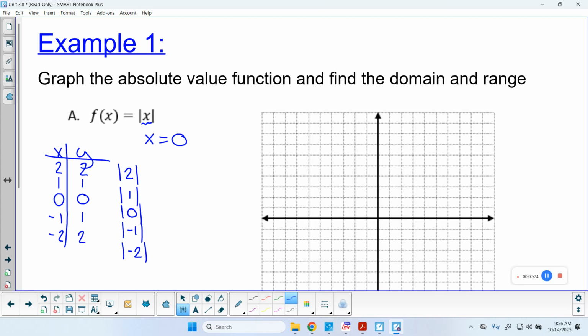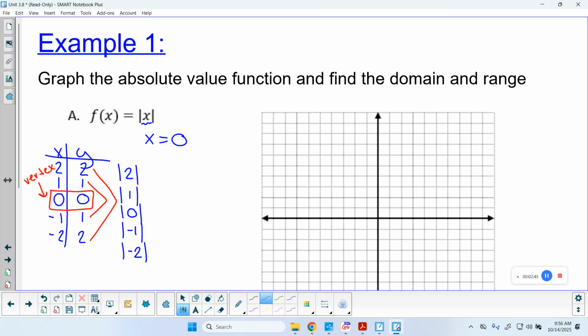Now, if you guys notice, our y values are symmetric. If you look at this first y value and the last, they are both 2. If you look at the second and the fourth, they are both 1. And then this middle right here, that 0, 0, that right there is our vertex.